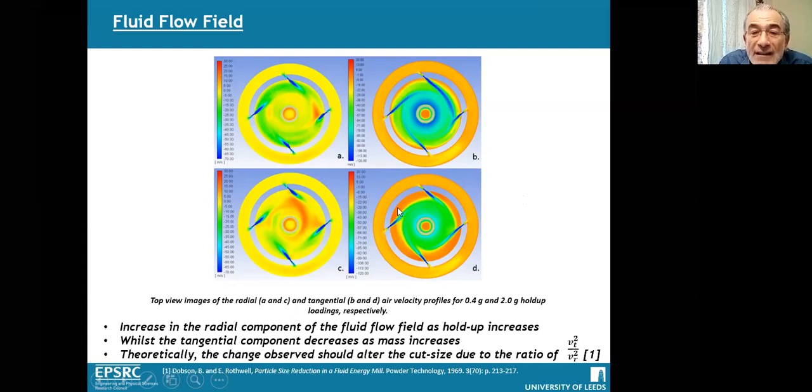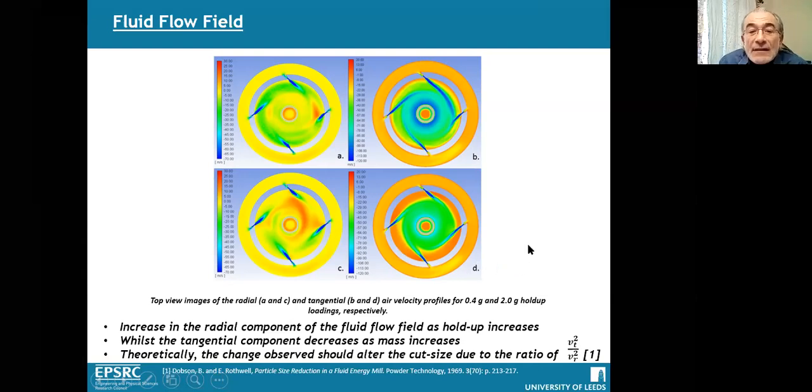So what you see here is that in the region where we have particles moving, the tangential velocity of the fluid is very low. So what we have is very high velocity, which are clockwise in the jets, and then very low velocity near the walls.